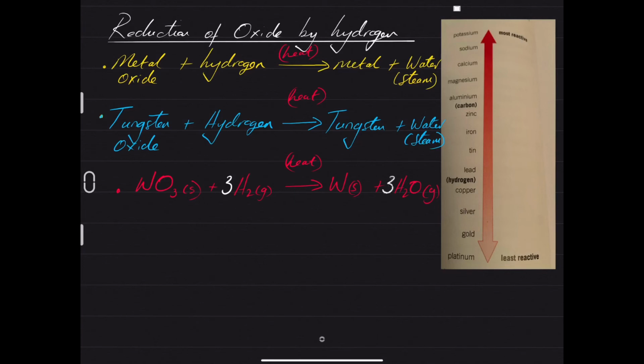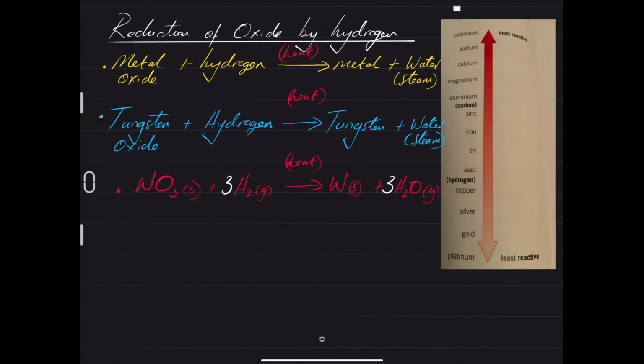If we go to the oxygen, which becomes 3 on the right hand side, on the left hand side the subscript is 3 when it's combined with the tungsten. So this makes it balance. And in terms of tungsten, we have 1 on the left hand side and 1 on the right hand side. So just make sure you are practicing your balancing equations, because they do come up again in the reactivity series.